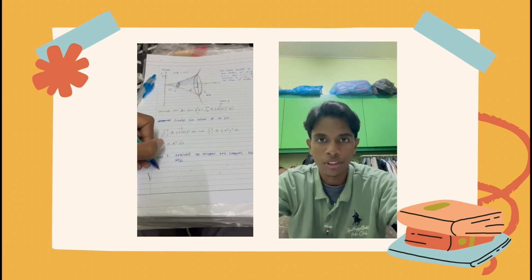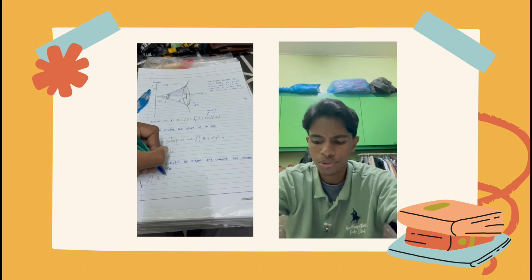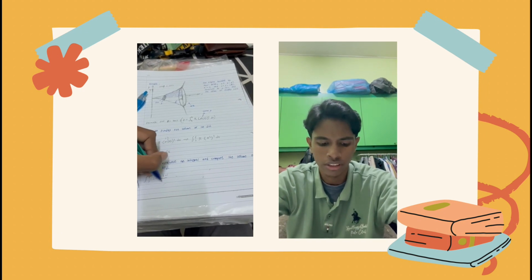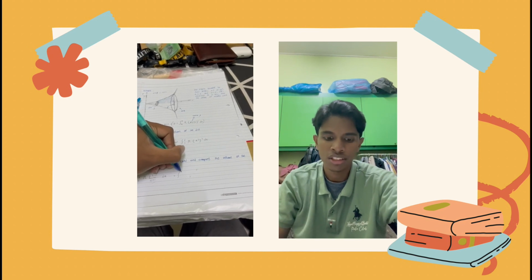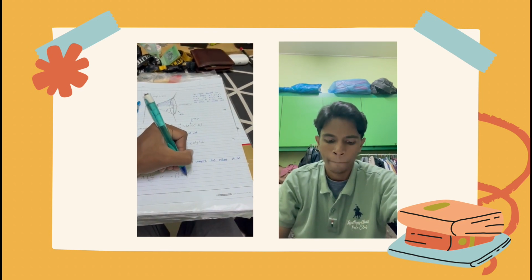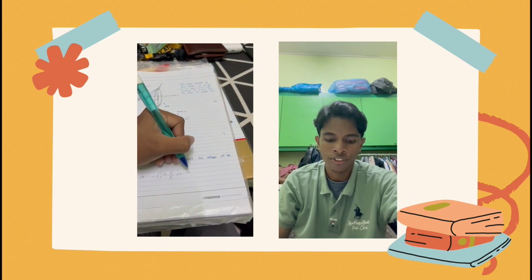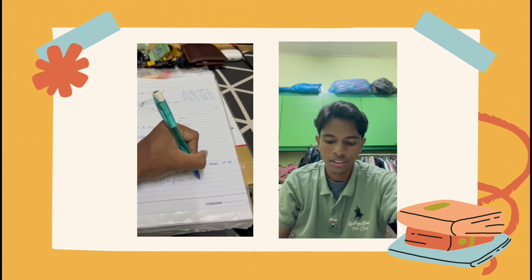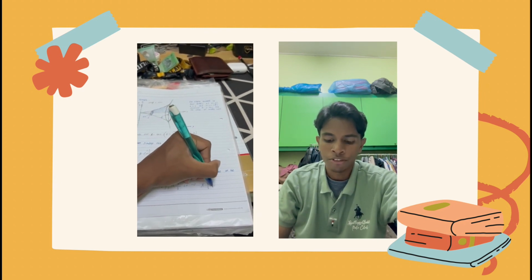For step 3, we need to evaluate the integral and compute the volume of the solid. So we have the integral from 3 to 6 of pi x^4. First we integrate x^4, and as a result we get pi x^5 over 5.